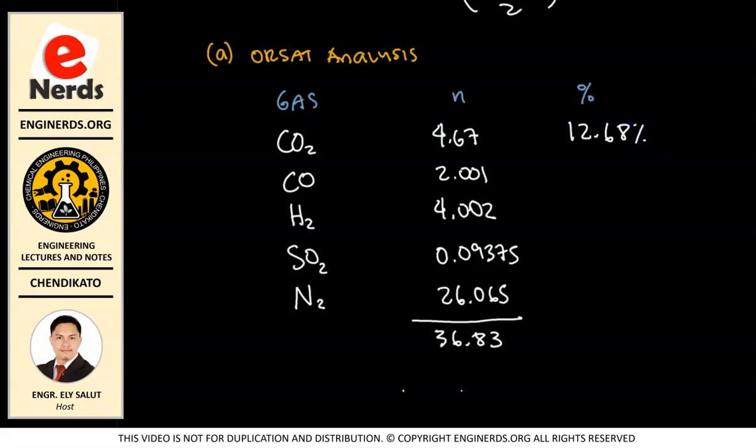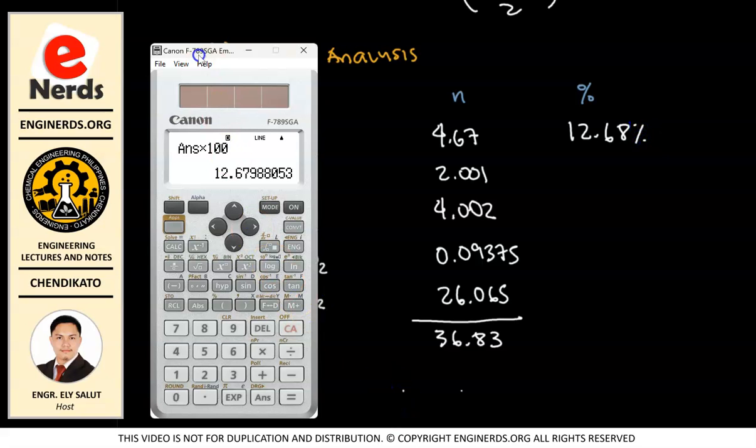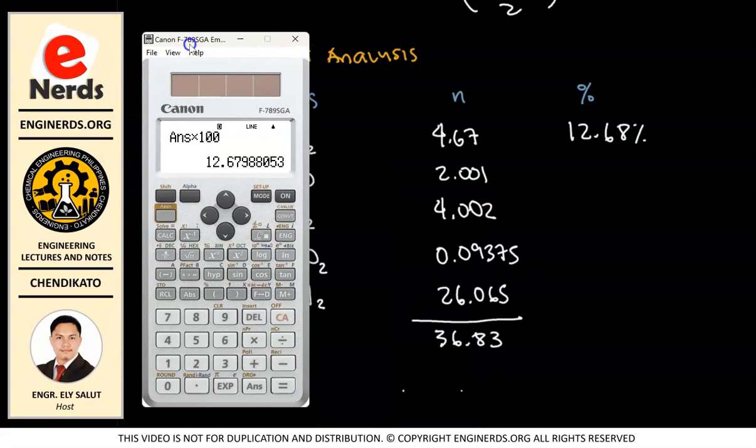Now for CO, we have 2.001 divided by 36.83 times 100, which is 5.43%.